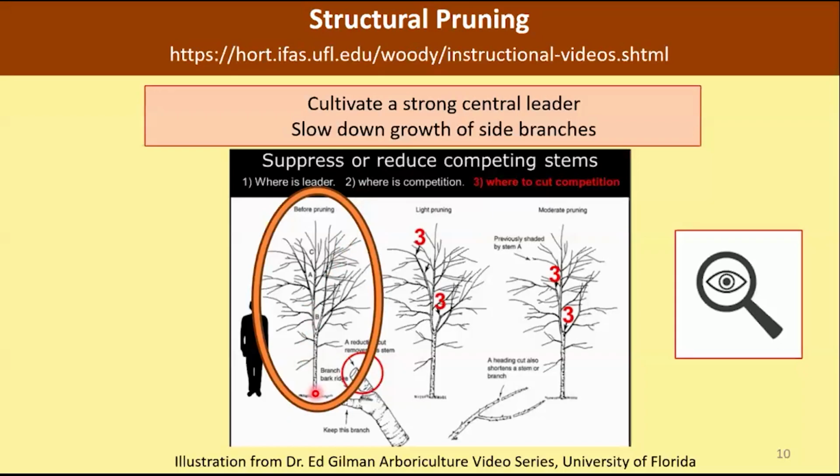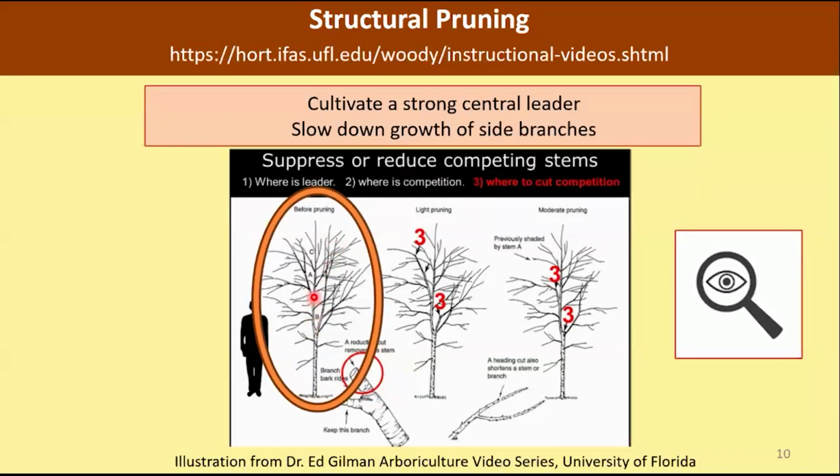Let's begin low, moving up. This is our central leader. It's labeled C. The competitors are a side branch on the left and one on the right, labeled A and B. All right, how do we reduce the vigor of these side branches?